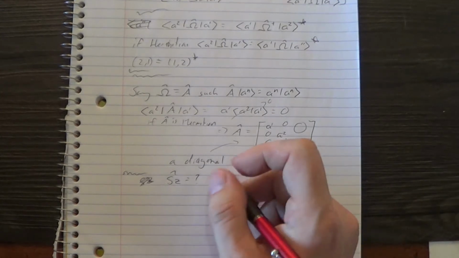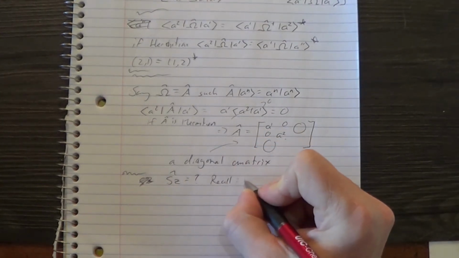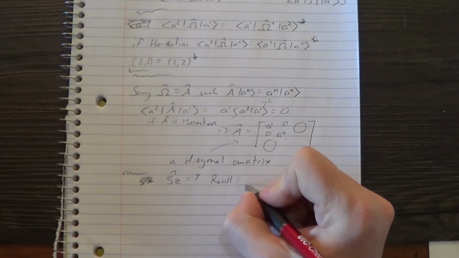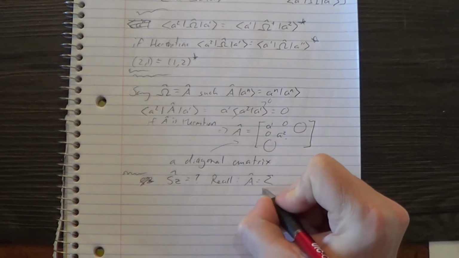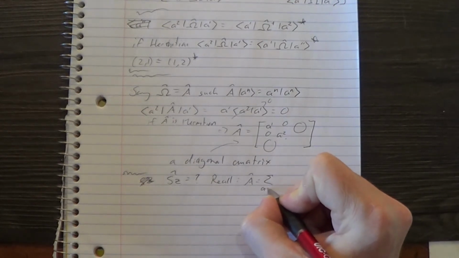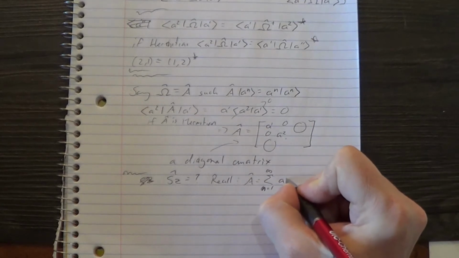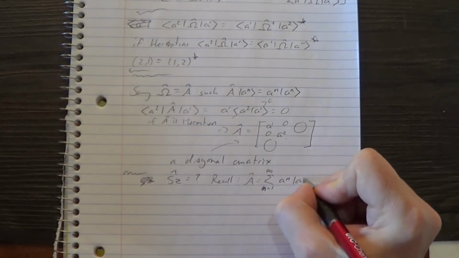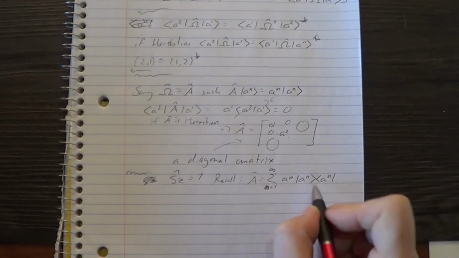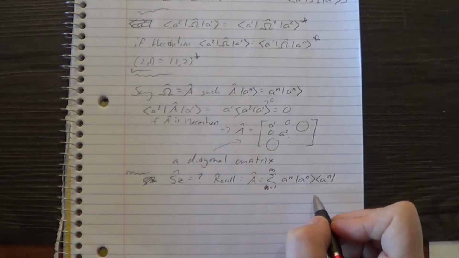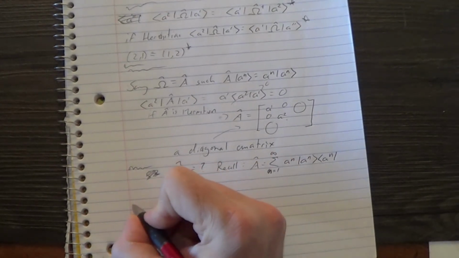Okay. Now recall we talked about this last time, that matrix, and I think I used A, can be represented as a sum of all of its states, eigenvalue of that state, outer product. And notice also, you notice how that's diagonal, right? Okay, now let's apply that to SZ.